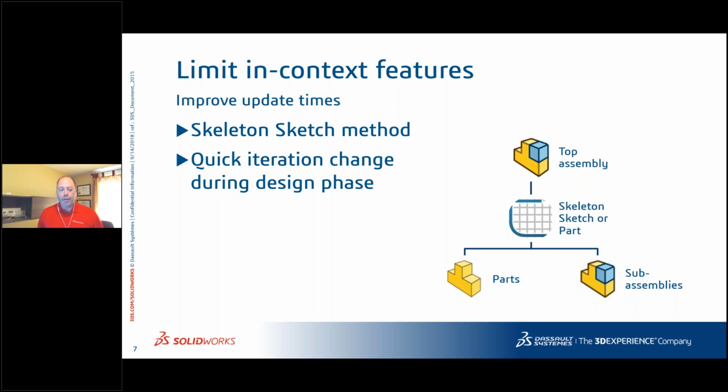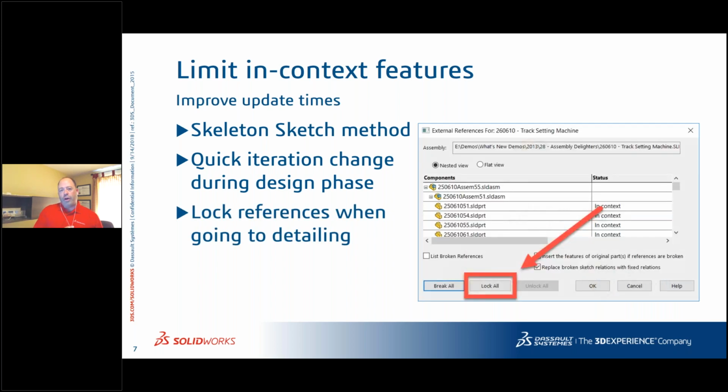The other thing is, when you switch from a very design-oriented phase, where you do a lot of changes to the model itself, to a phase where it's more about detailing, which typically happens when you start doing the 2D detailed drawings, the 3D model is usually set. Maybe not set in stone, there are going to be changes to it, but the overall shape and design of the 3D model usually is going to be set by that time.